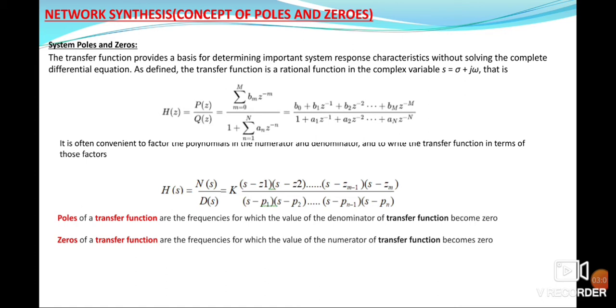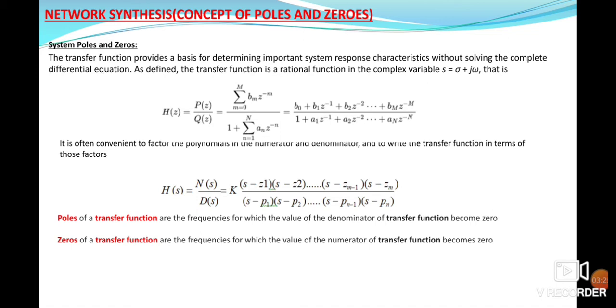So in the numerator, we can see we have (s minus z1), (s minus z2) and so on. So what are basically the zeros of a transfer function? The zeros of a transfer function are the frequencies for which the value of the numerator of the transfer function becomes 0.